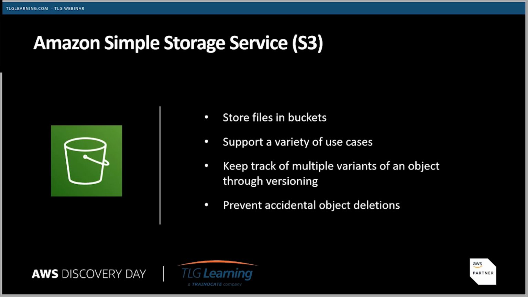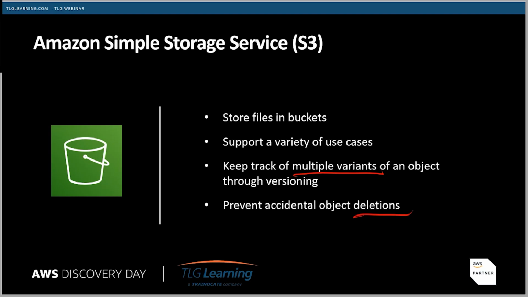So with S3, we store files in buckets. There's a wide variety of use cases. This is again just bulk storage for large amounts of data. It supports versioning, so you can track multiple versions of an object in S3. You can lock objects or put safeguards in place to prevent accidental deletions.